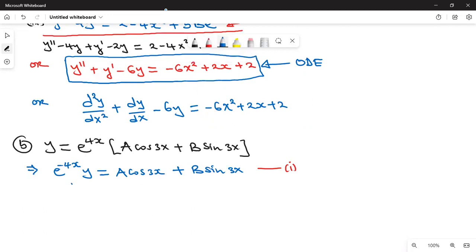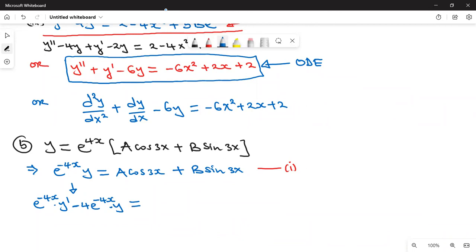Now differentiate the left-hand side. I'll retain exponential negative 4x and differentiate y to get y prime. Now plus differentiate exponential negative 4x, that will give us negative 4 exponential negative 4x, now y is a constant, is equals to, remember we used implicit differentiation on the left-hand side.